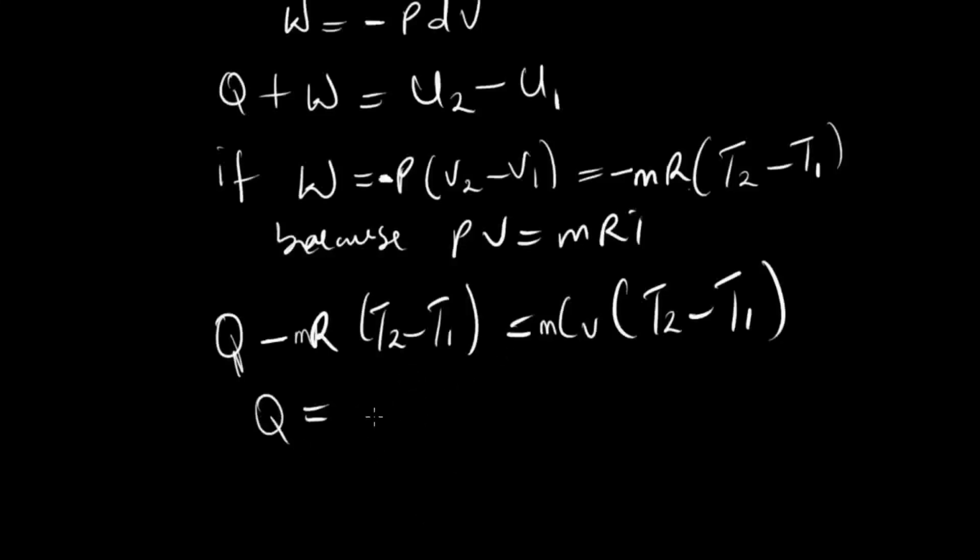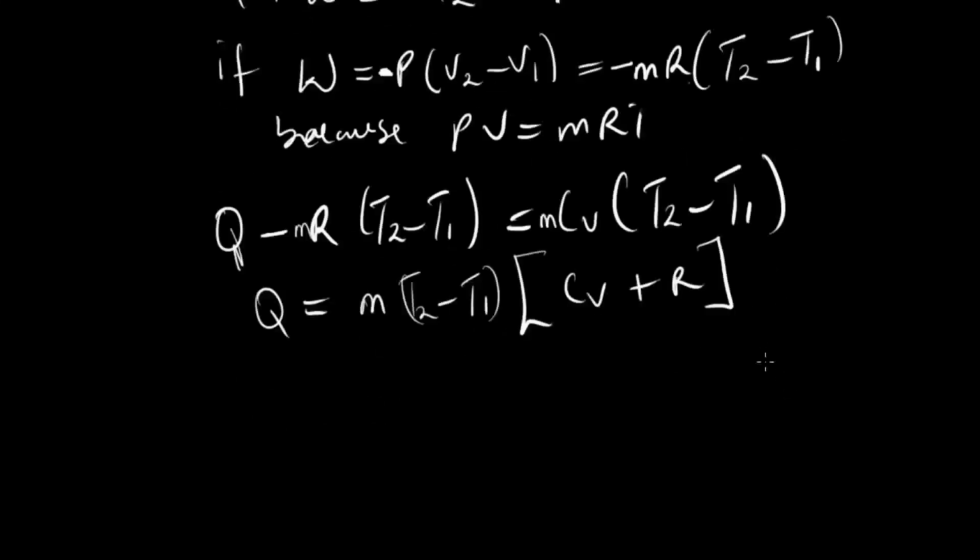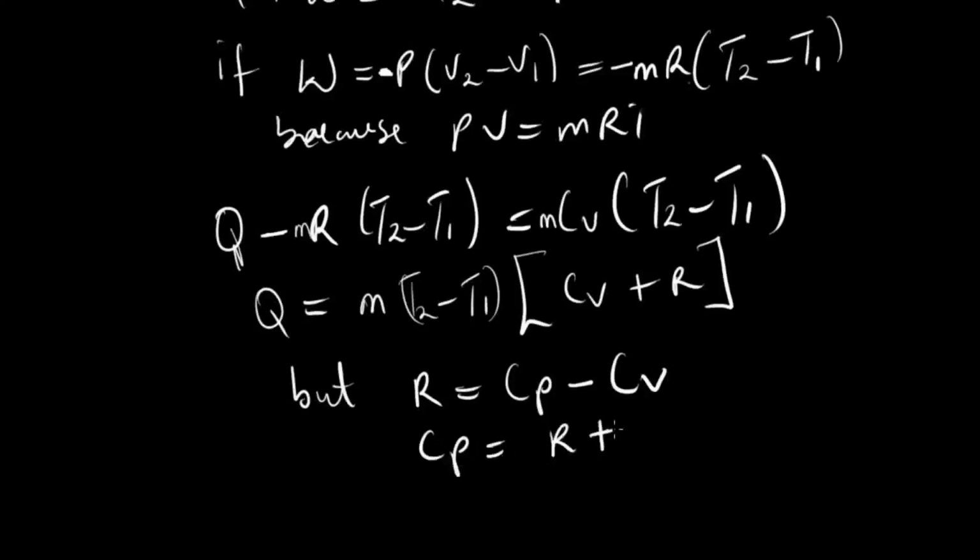We will have that M T2 minus T1 into CV plus R. Okay, but R is equal to CP minus CV. So CP is now equal to R plus CV.